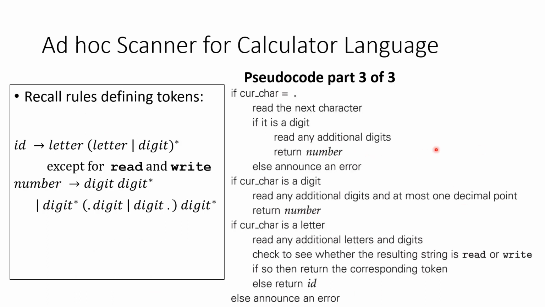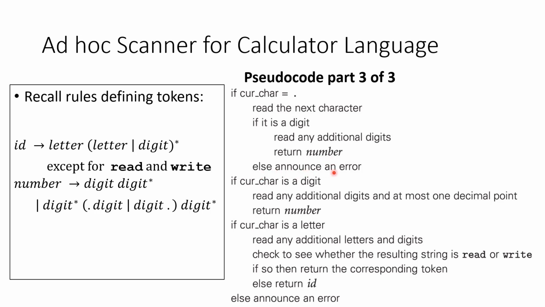The last part of the pseudocode of the ad hoc scanner for our calculator language will recognize identifiers and number tokens. So it checks if the current character is a period, then it reads the next character. And if the next character is a digit, then it reads any additional digits until it encounters a non-digit character, at which point it returns a token number.